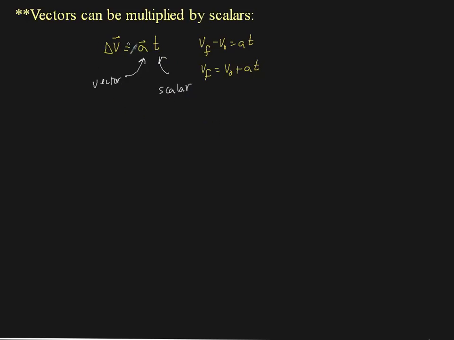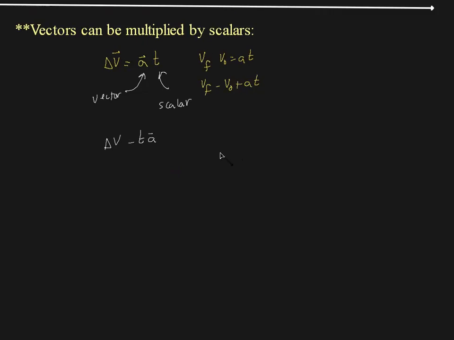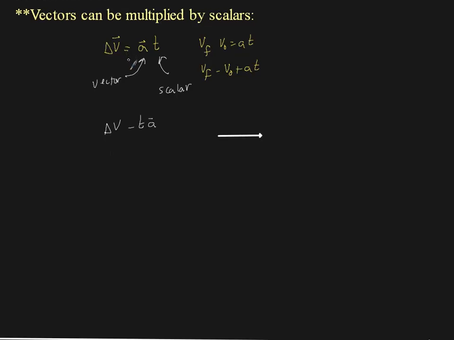And if I want to know what the change in velocity is, then it's going to be the scalar times the vector, so I can rewrite that as t times A. Now, if we're going to do this with arrows, then I'm going to have to draw a vector, and we'll say that this is vector A. And if I assign an arbitrary value to time, let's say time is equal to 2 seconds, then delta V is going to be equal to 2 times vector A.